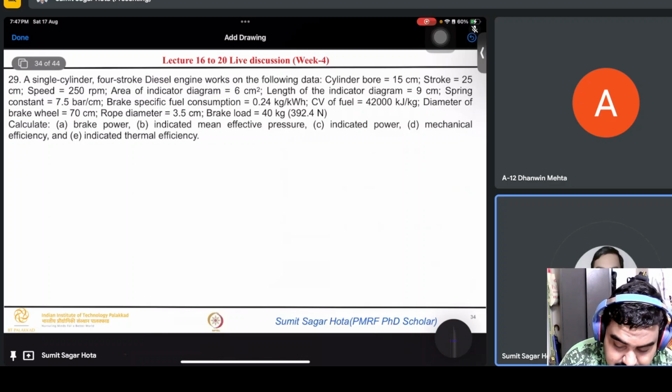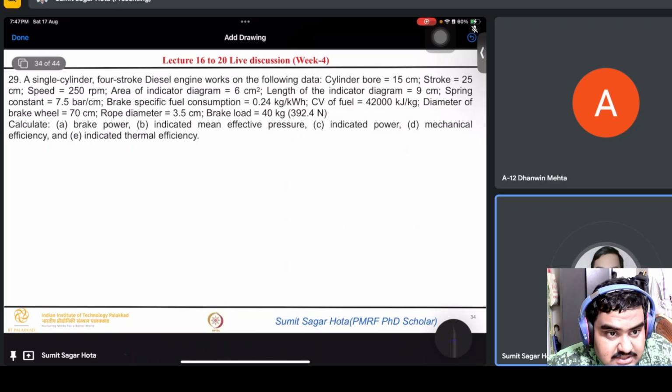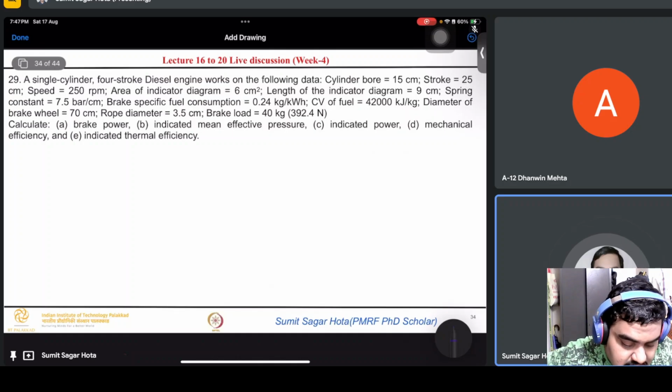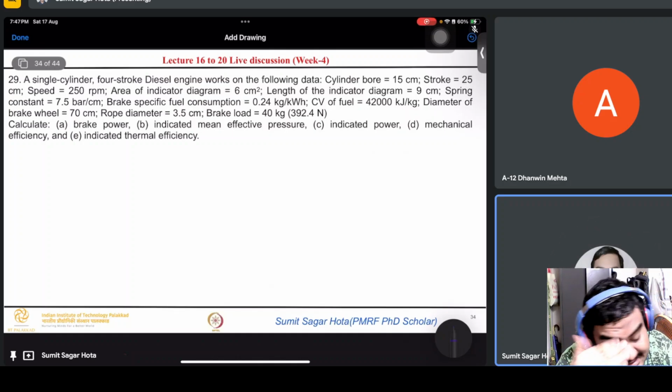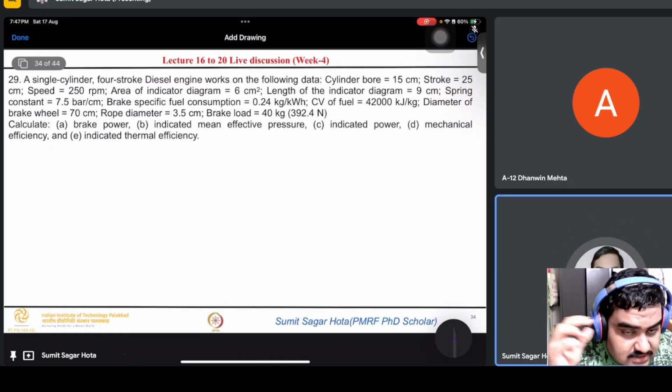So next question. This is a little big question. A single cylinder 4-stroke diesel engine works on the following data.